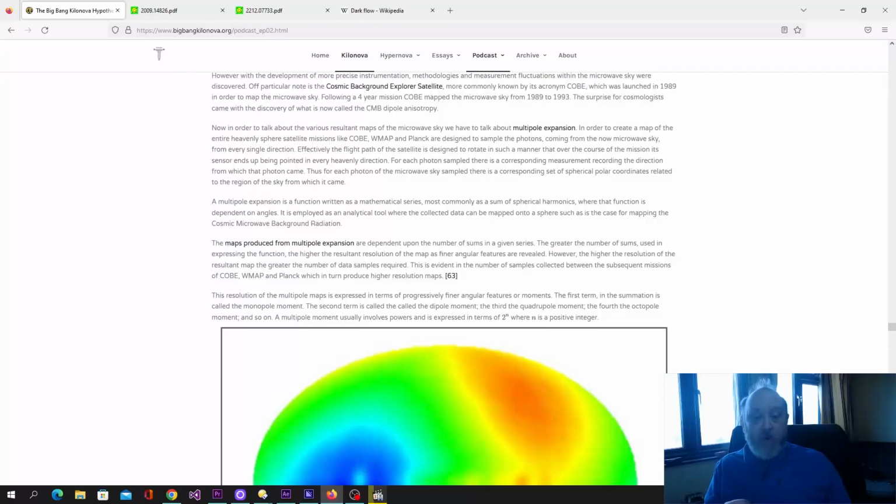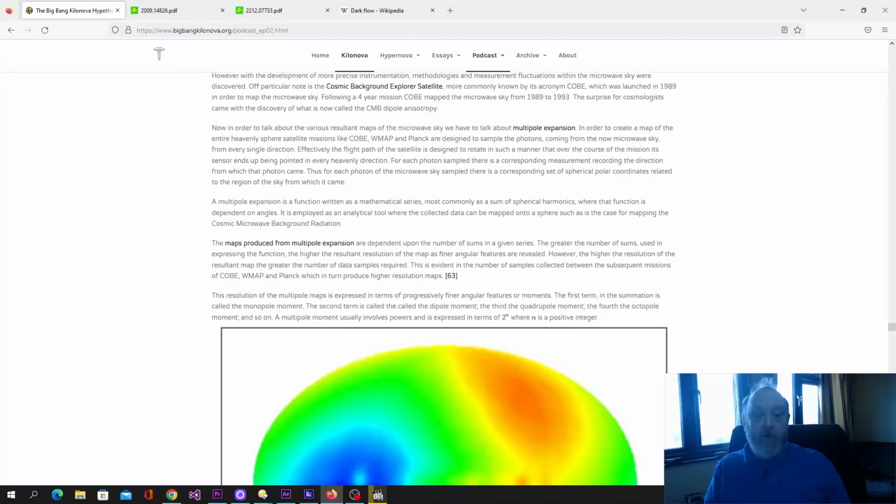For each photon sampled, there is a corresponding measurement recording the direction from which that photon came. Thus, for each photon of the microwave sky sampled, there is a corresponding set of spherical polar coordinates related to the region of the sky from which it came.